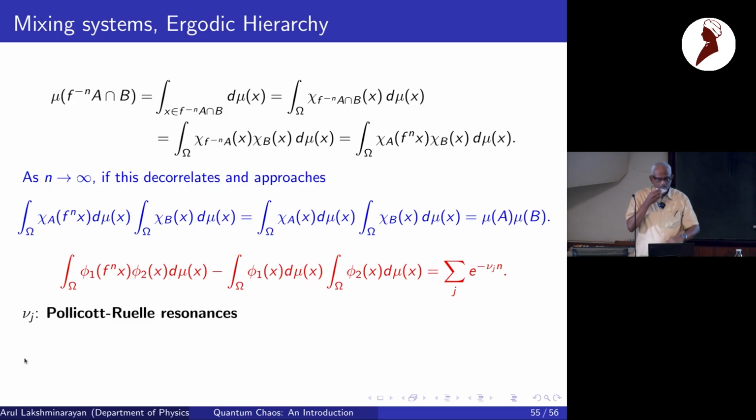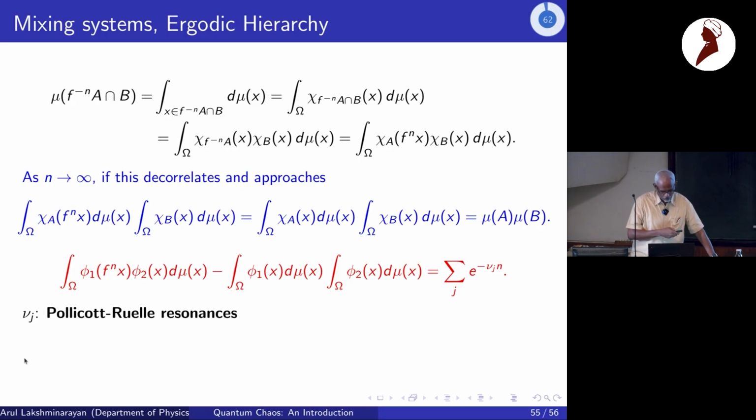It's a bit like these resonances which you were talking about in scattering kind of systems. So you have to expand your functional spaces, and then you will find these eigenvalues. But any correlation function you take that decays exponentially, those are actually the resonances.